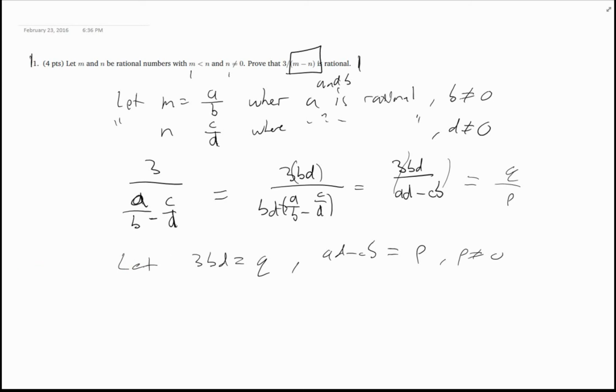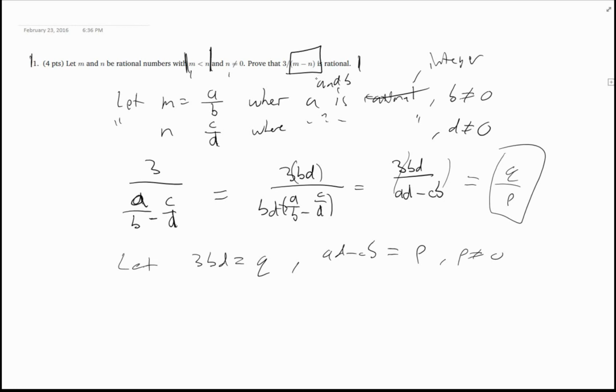Since p and q are integers, an integer divided by an integer is rational, and m cannot be equal to n because of what is stated over here. So you basically proved that one already.